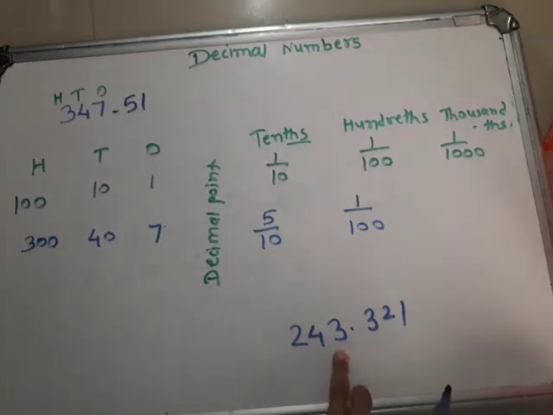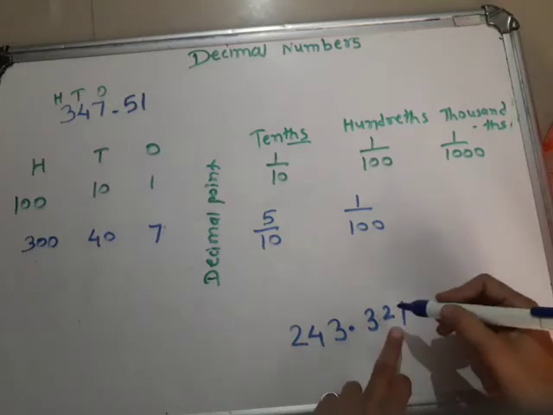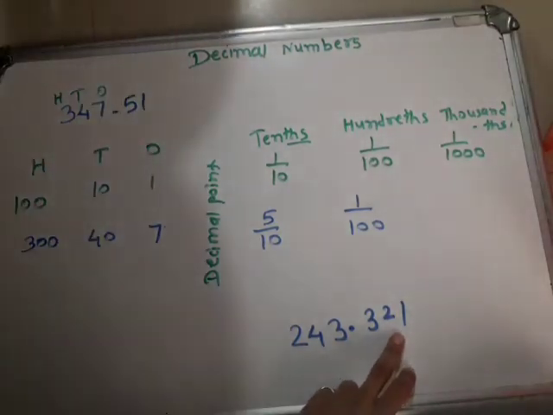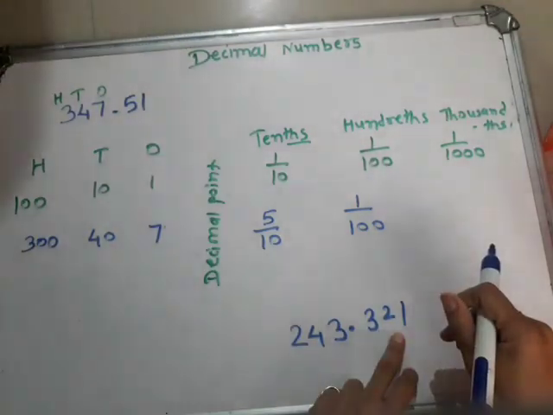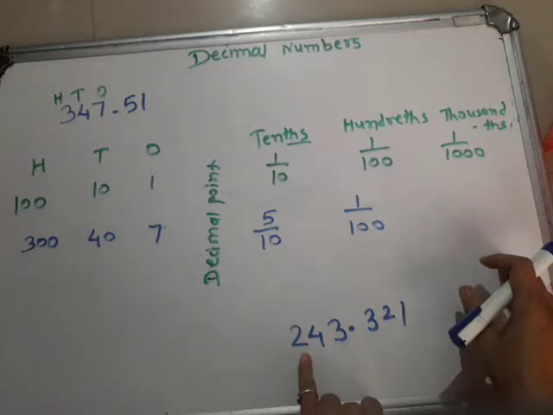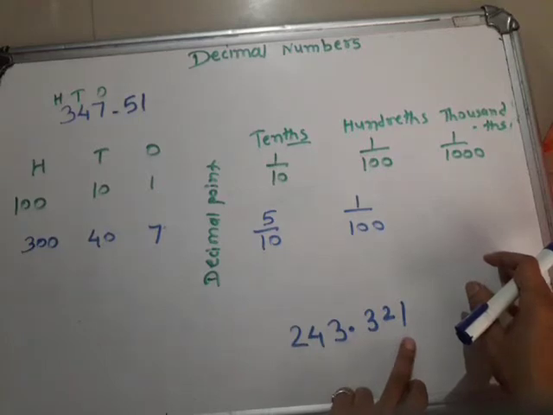You know the ones place, tens place, hundreds place. So we read the number 243 point 321. After the decimal point you read all the digits separately. So the number name is 243.321. In this way we read this number.